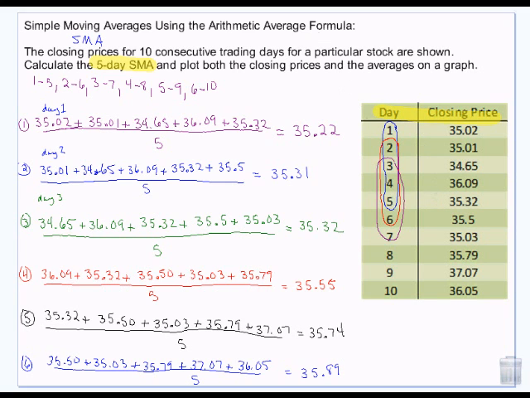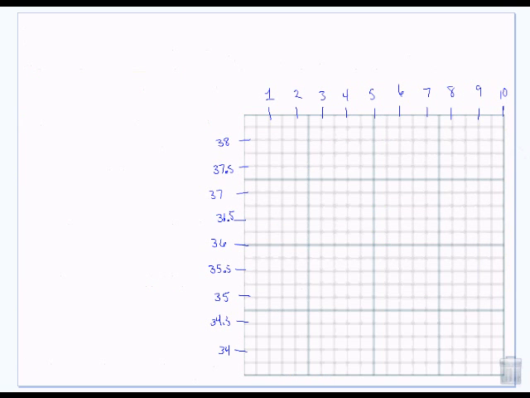When you comparatively graph these, the daily starts on the first day. If I start this, I'm just above 35, and then even closer to 35 over here, and then I go down to 34 something.